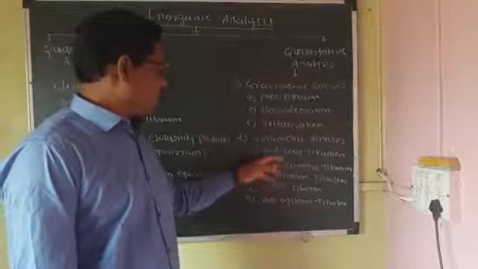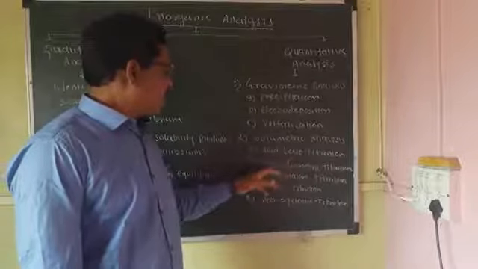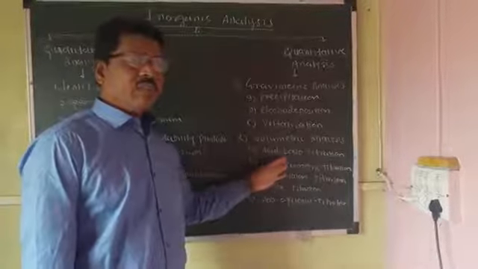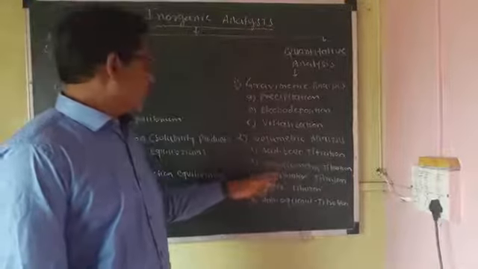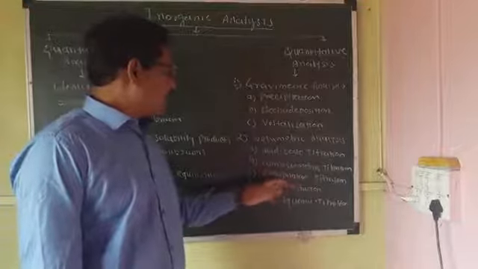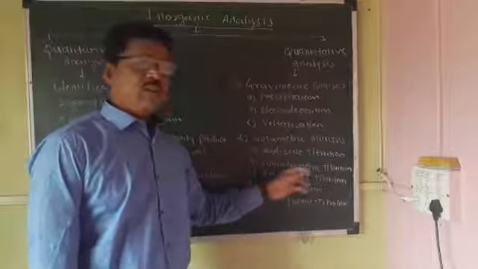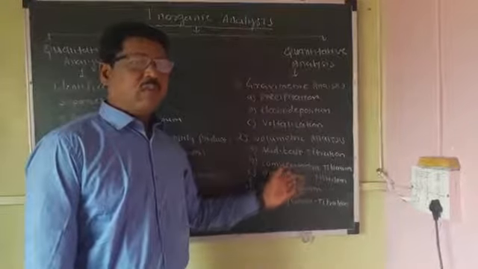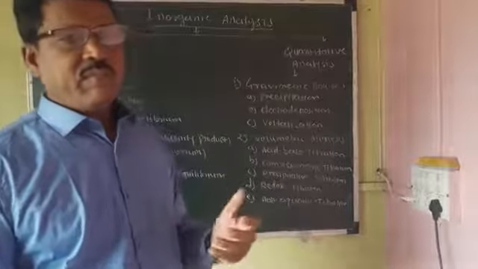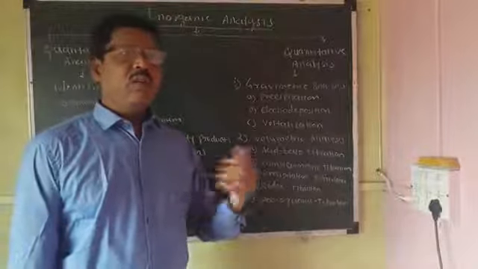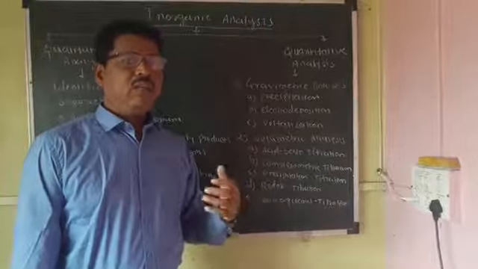Also in acid-base and complexometric titration, both potentiometric as well as conductometric titration. Precipitation titration also, you have to use the instrument. There are two types: one is non-instrumental methods and instrumental methods.